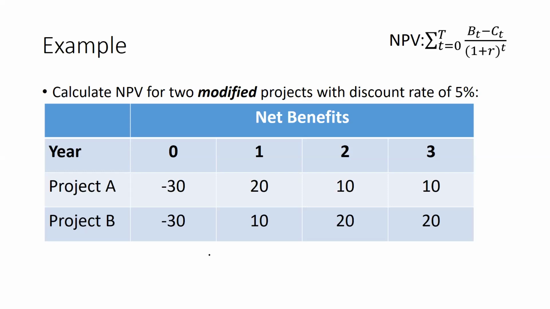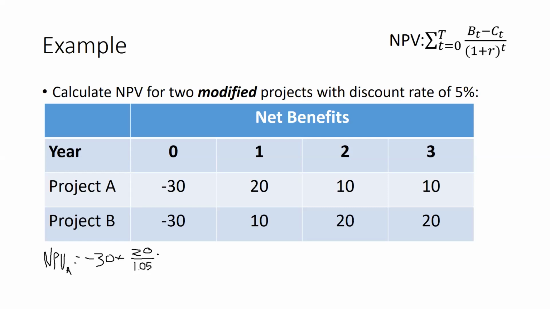I can try. Okay. So of course you have negative 30. Negative 30 plus 20 divided by 1 plus our discount rate of 0.05, which equals 19.04. At least that's what I got.